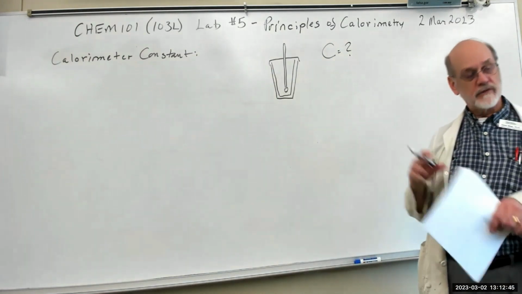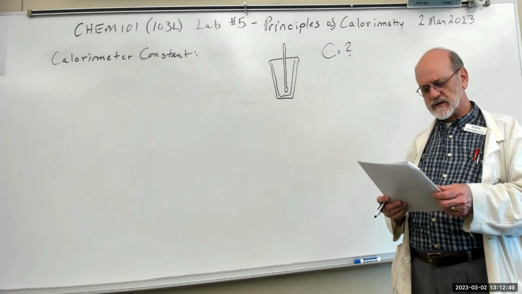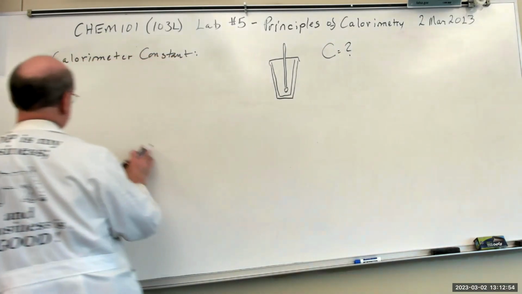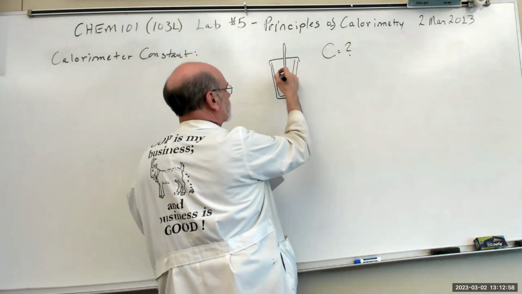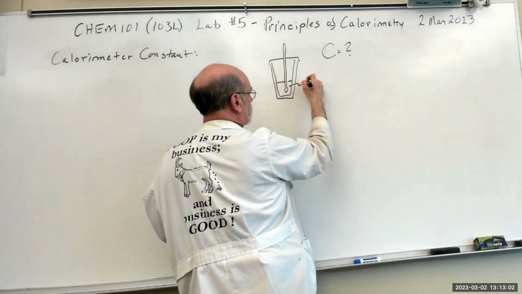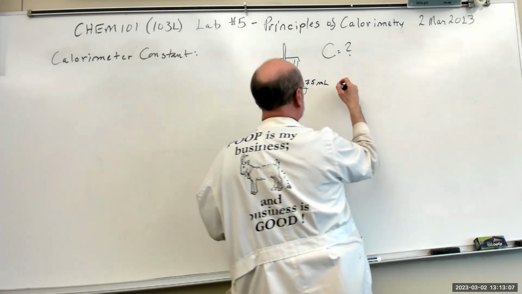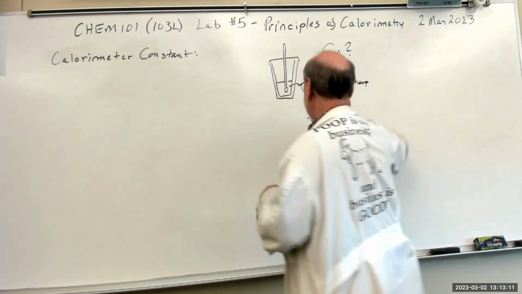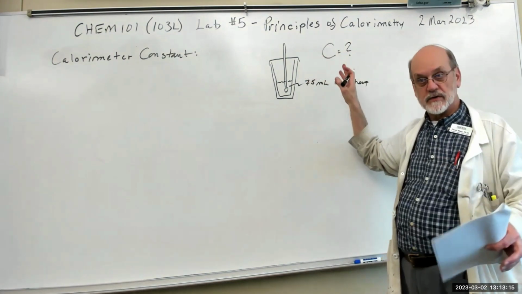Right? We're going to have 2 samples of water. I think each one is 75 milliliters each. We're going to use distilled water. So you're going to put 75 milliliters of room temperature water in here, and let it equilibrate with everything that's in there before you measure its temperature.